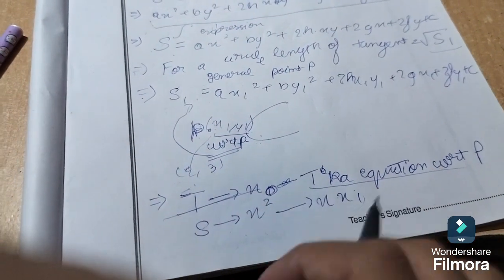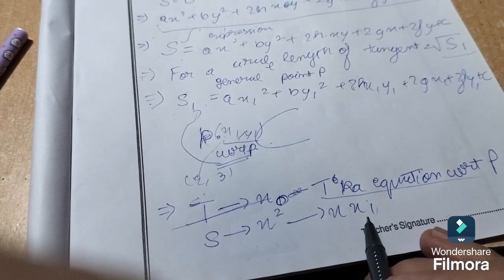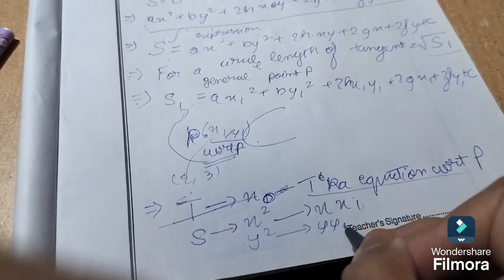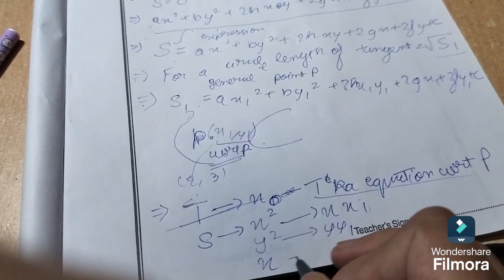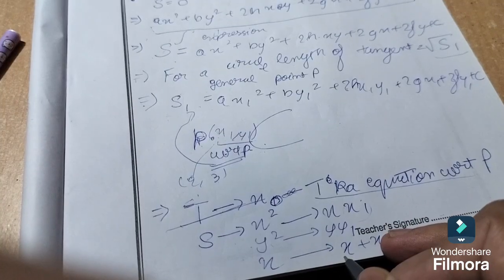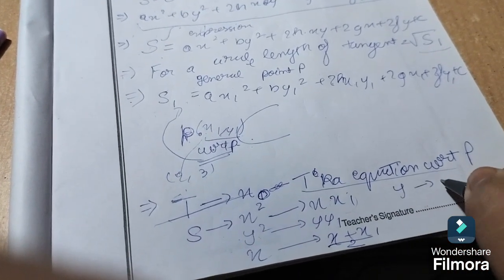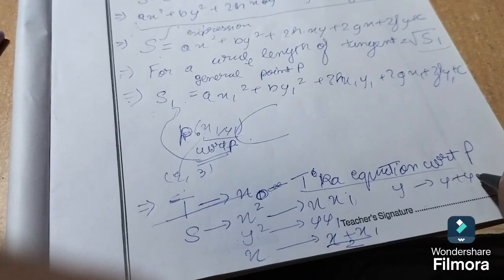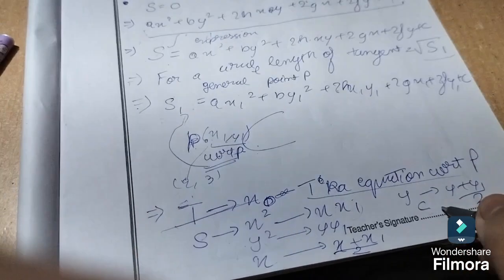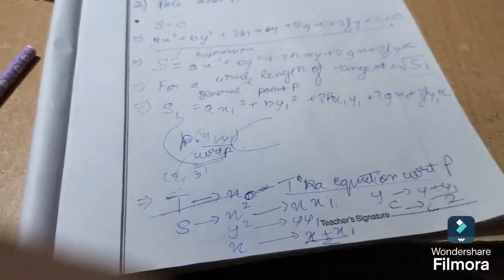So this is what I want: x square you will convert to xx1, y square to yy1, x to (x plus x1) by 2, and y to (y plus y1) by 2, and c to c only. C will not change, right? So this is the general format.